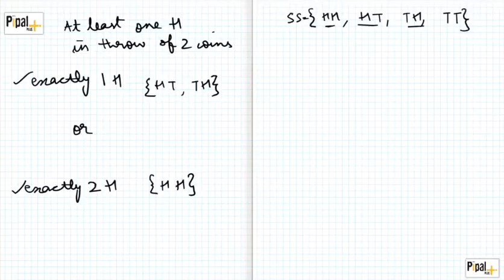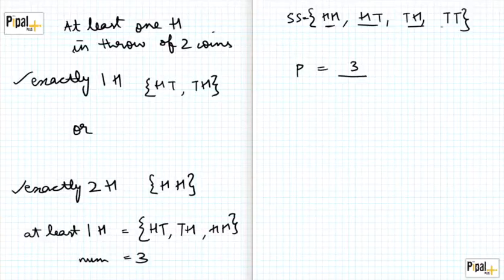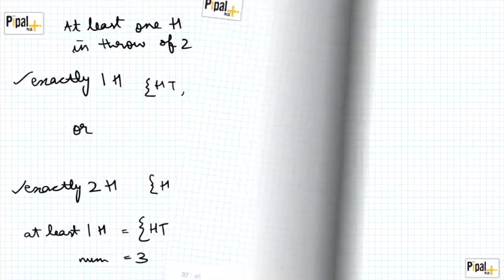So when we combine both, this event will have HT and TH from the first, and HH from the second. So the number of outcomes is 3, and the probability of getting at least one heads becomes 3 out of 4 possible outcomes, which is equal to 0.75, right?